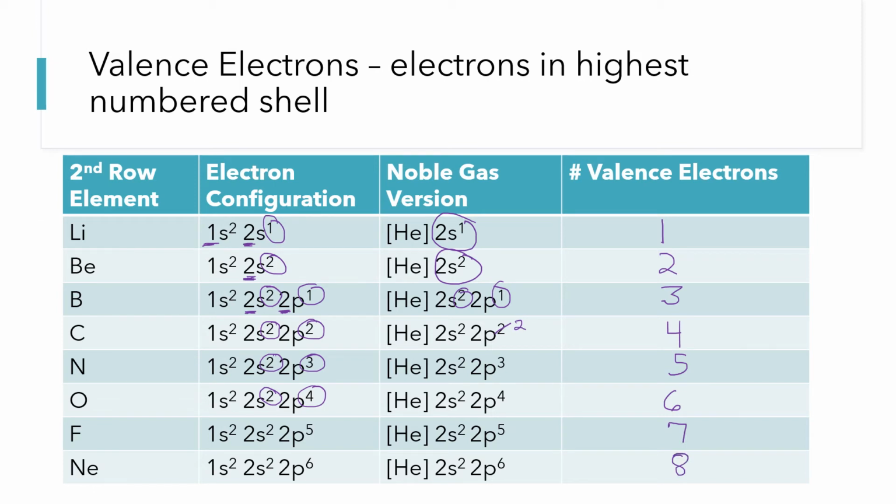So as we move left to right through the second row elements, we go from having 1 valence electron up to having 8 valence electrons, and we can get that information simply by looking at the noble gas shortcut version, or we could also look at the full electron configuration to see it.